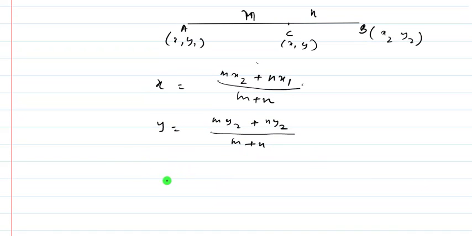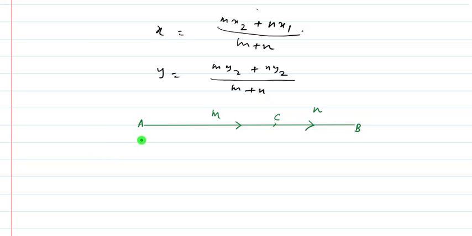The same thing we are going to use in the case of vectors. Instead of taking just points, we'll take the position vectors of these points and then calculate the position vector of the third point C, which divides the given vector in the given ratio. Let AB be the vector directed from A to B, and C be any third point which divides AB in the ratio m ratio n.